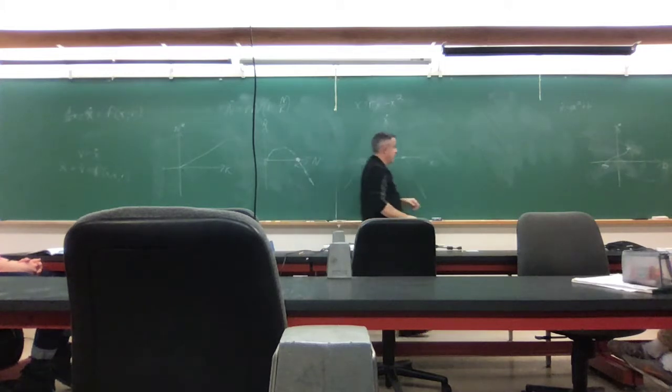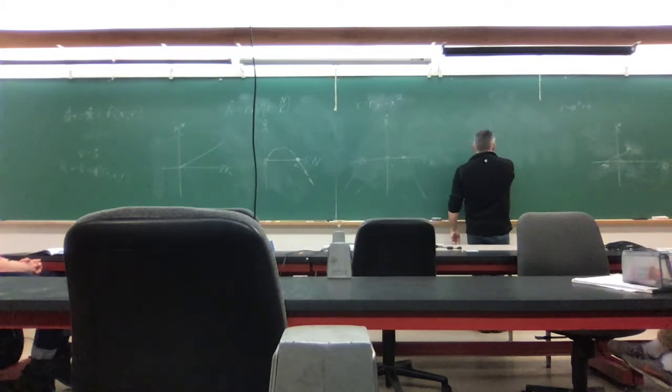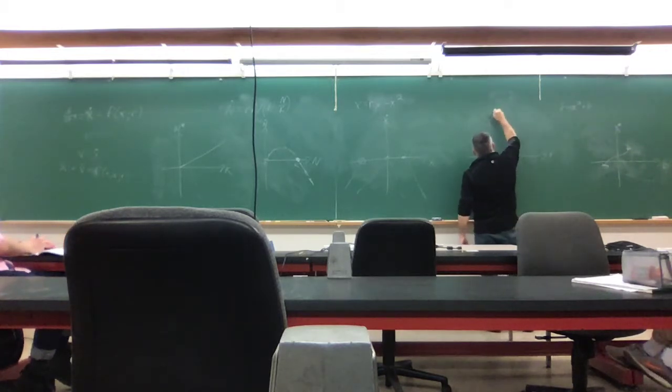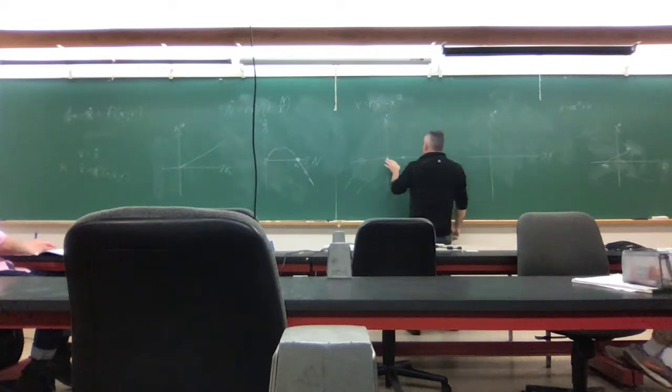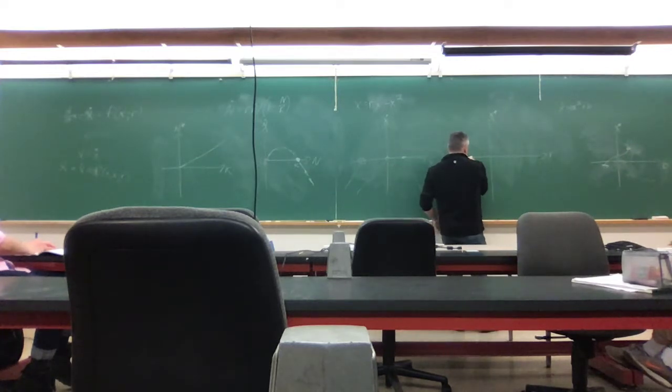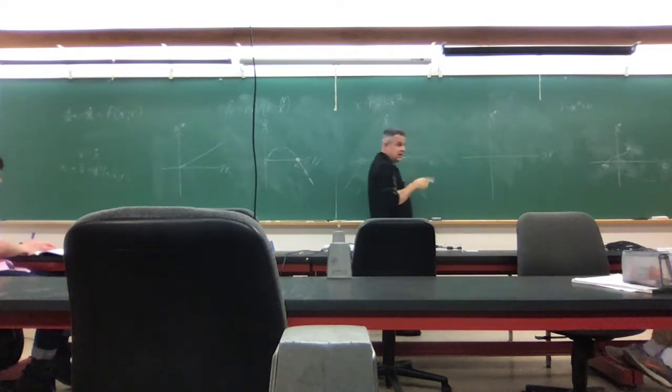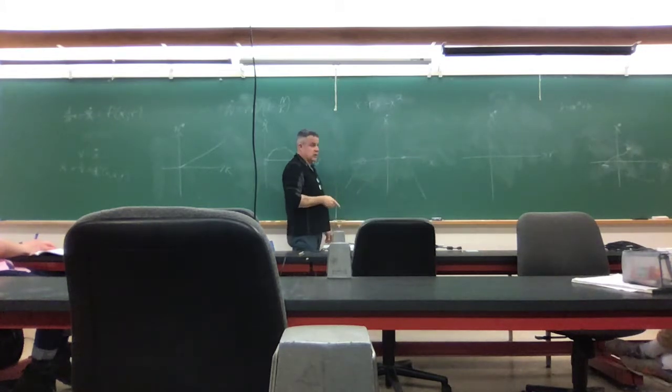So let's draw our bifurcation diagram. R, x star. Okay. So we always have a solution at x equals 0, but it's going to change stability at a certain point.